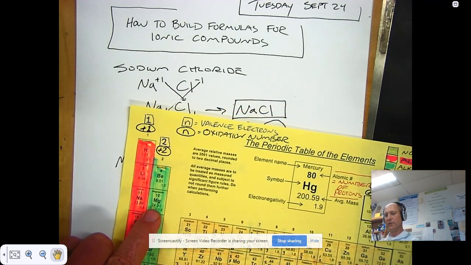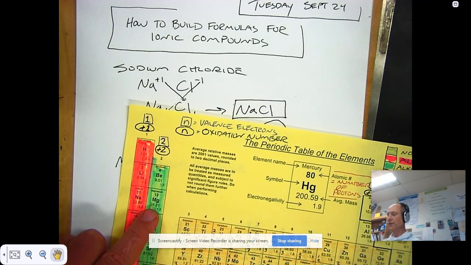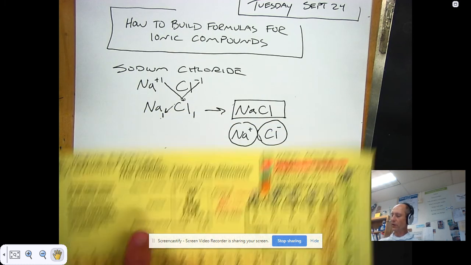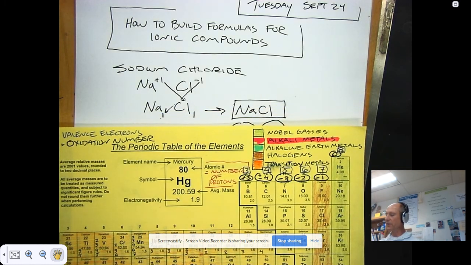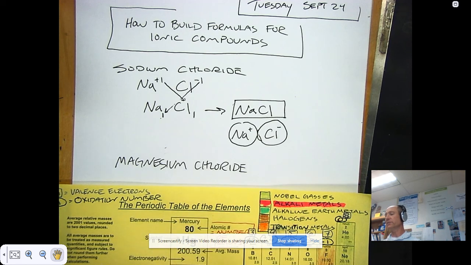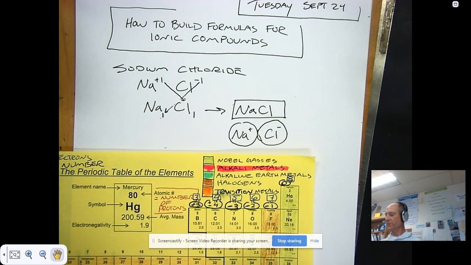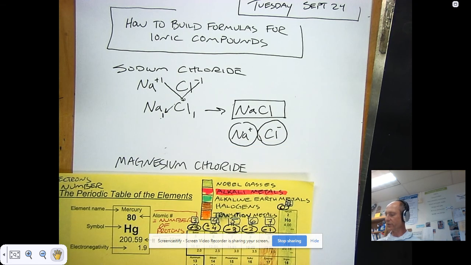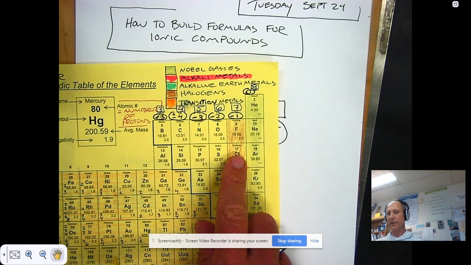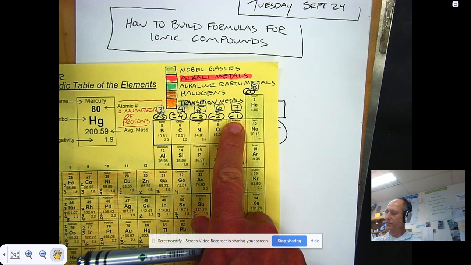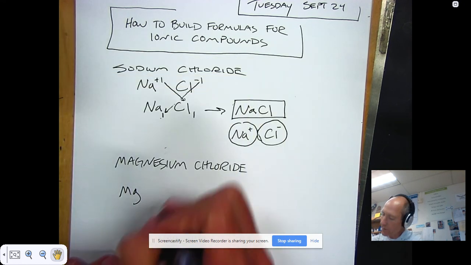It's right here. The symbol's Mg. And then we would never find chloride on here because chloride is the ion form of chlorine. So instead of looking for chloride, we'll just look for chlorine here. And here it is right here. And chlorine, we already know, has a charge of 1 minus.